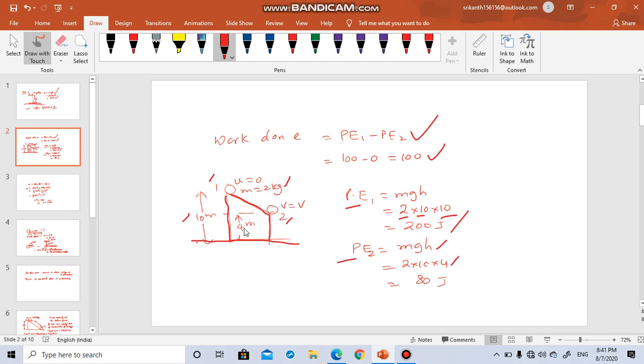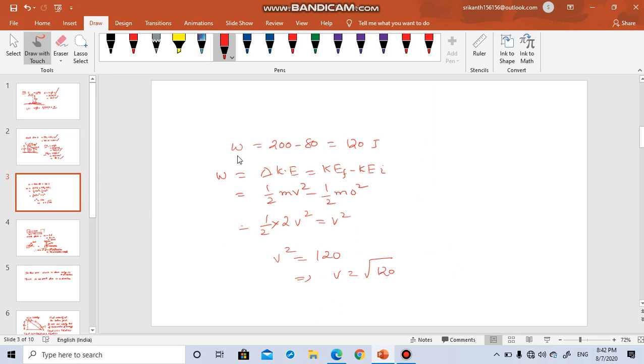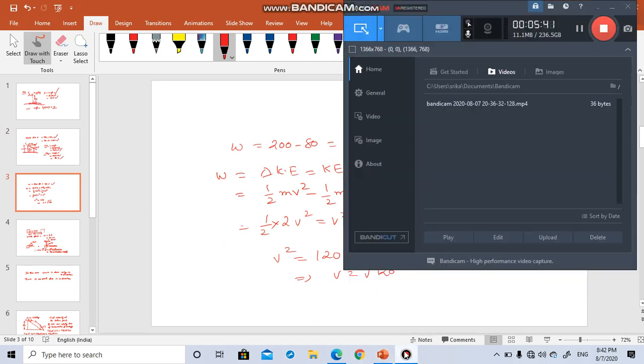The second point as in the diagram is 4 meters above the ground. So it is 2 into 10, 20 into 4, 80 joules. So what is the work done? Difference in potential energy, 200 minus 80, which is 120 joules.